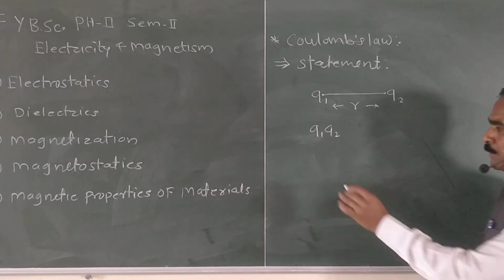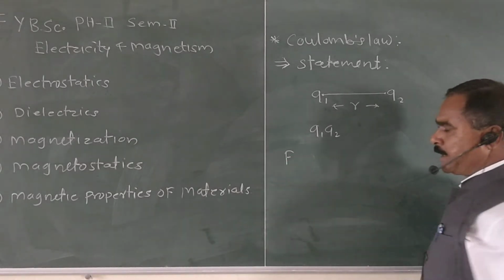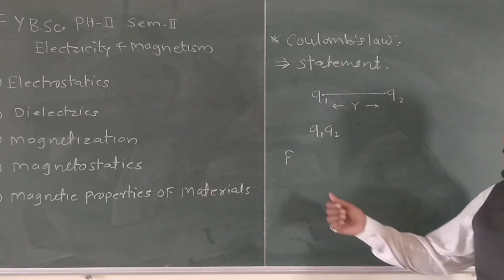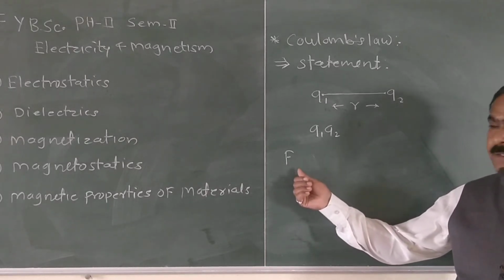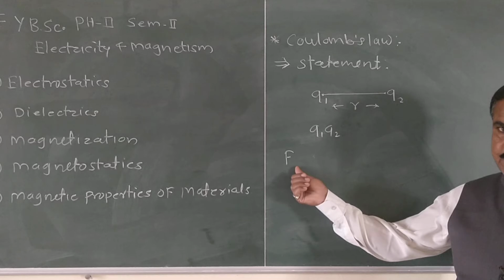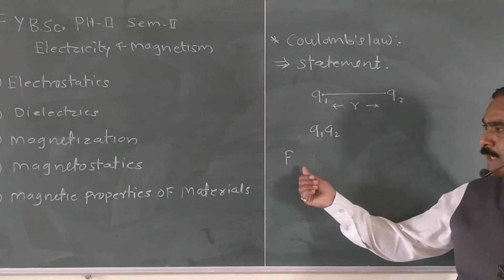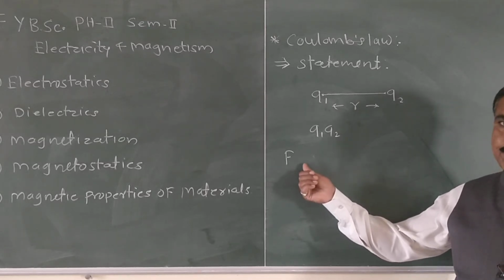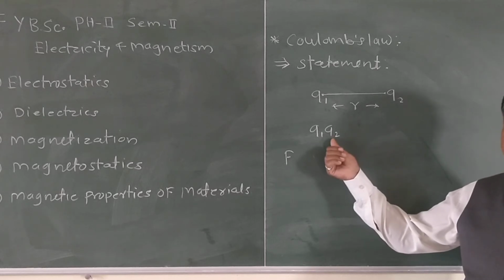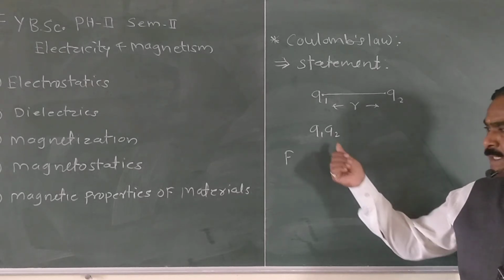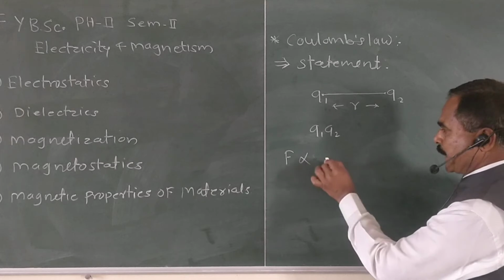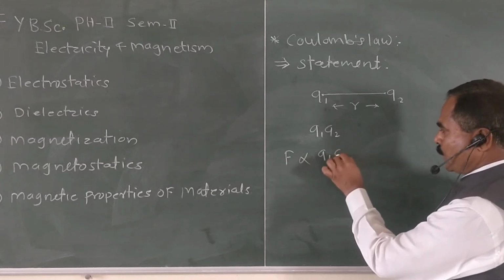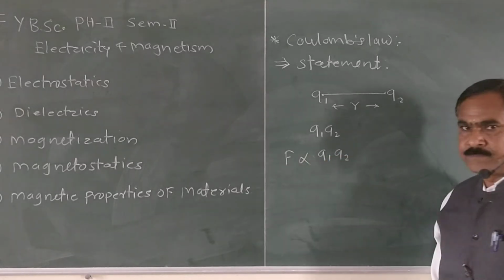Right? Then we denote the force by the letter F. According to the first statement, this force is directly proportional to the product of magnitude of these two charges. That means we write F directly proportional to Q1 Q2.